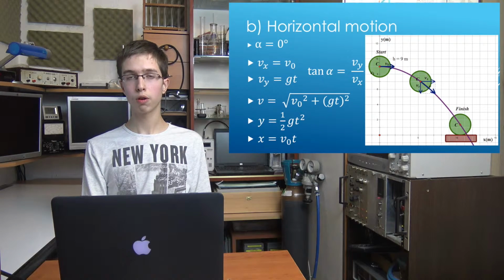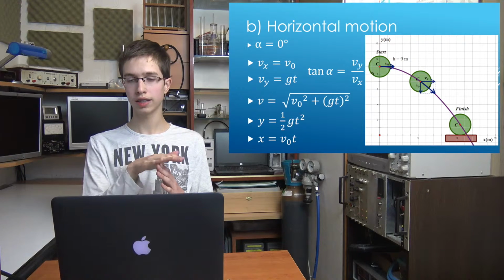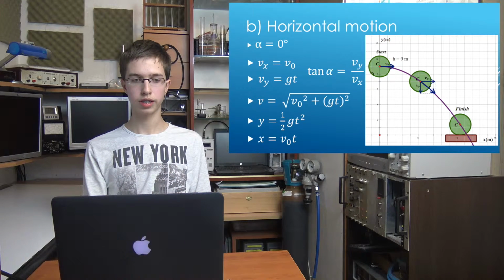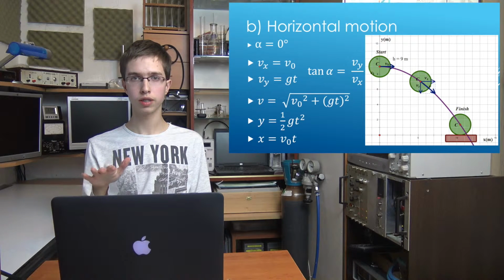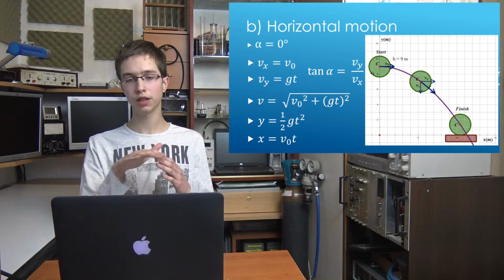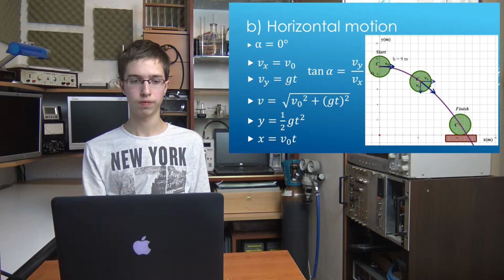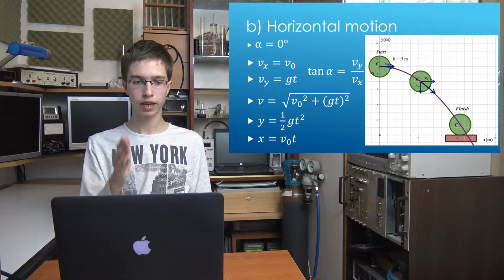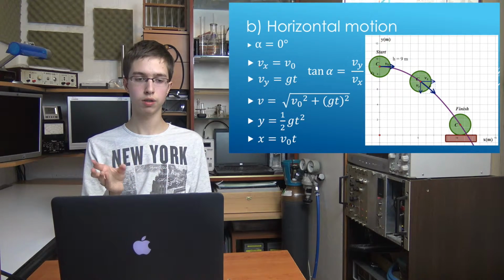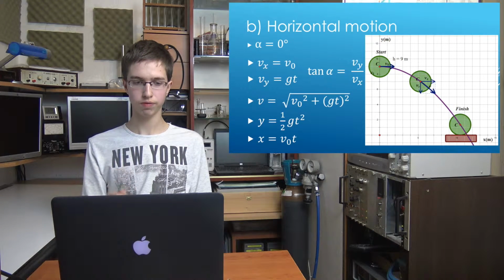And now we have horizontal motion, where the angle is 0 degrees because it is in the horizontal direction. And the x-axis component of velocity is always the same, and it's equal to the v0 velocity the body is thrown at the starting point. And the y-axis component is the product of g times t, so of acceleration and time, so it changes.